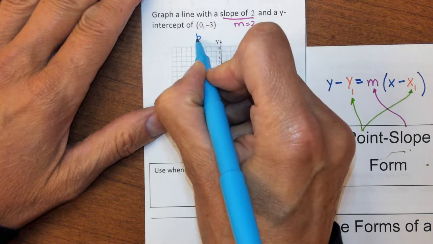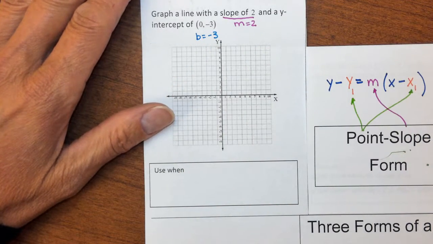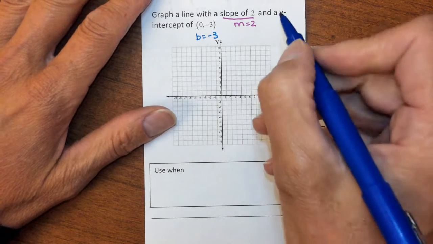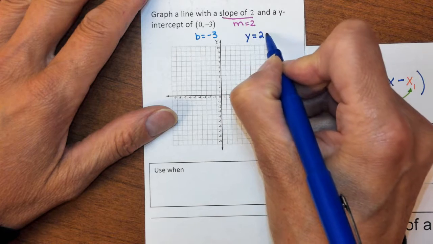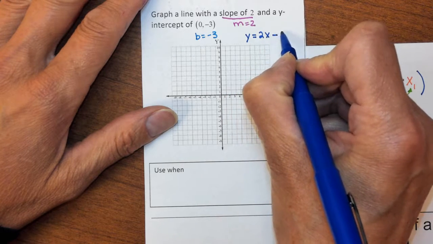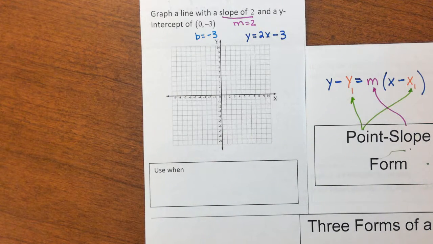So I know that my y-intercept is negative 3. So then that would give me the equation of a line of y equals 2x minus 3.